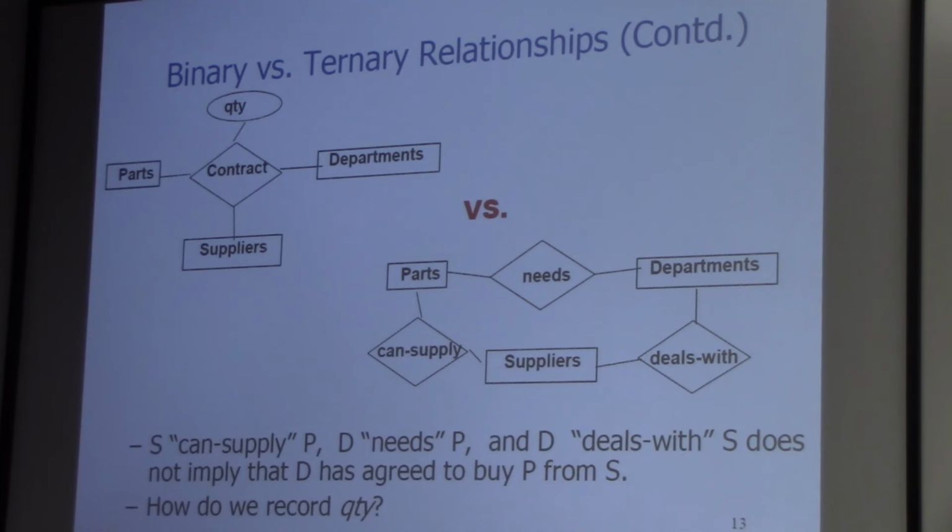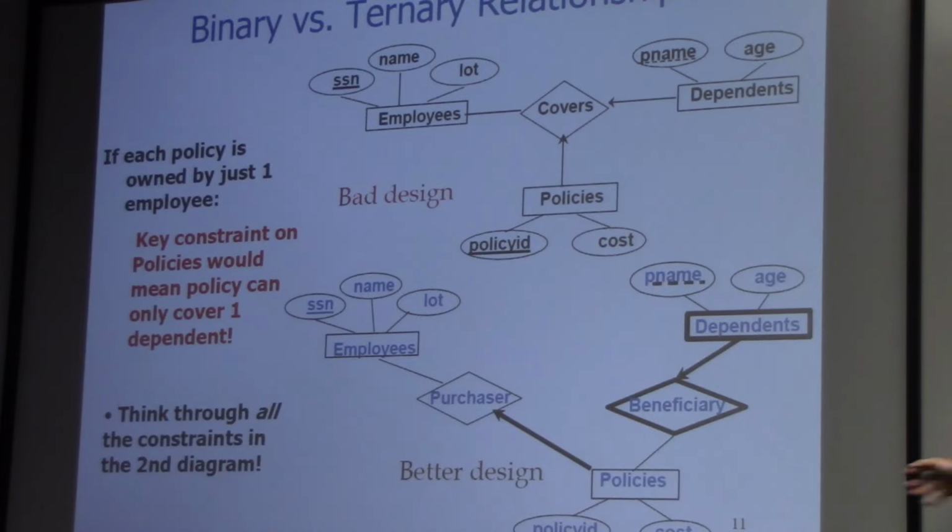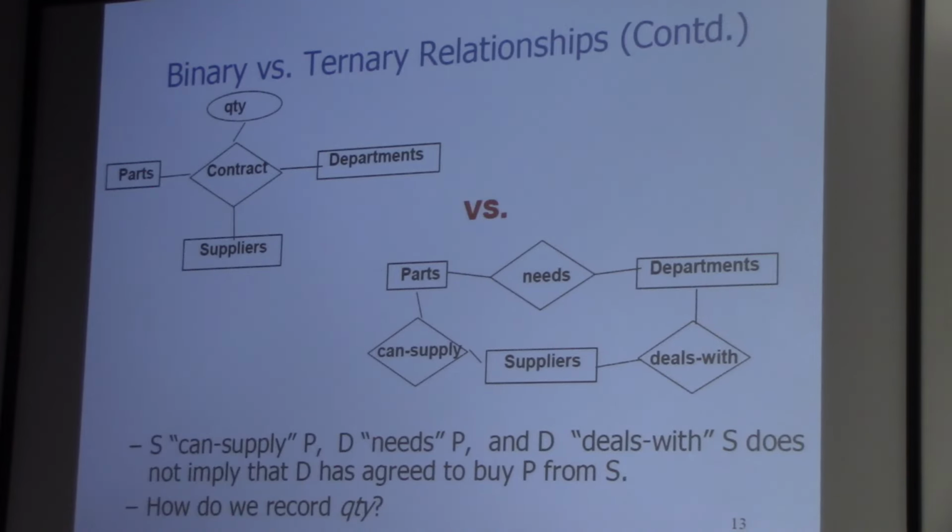In particular, we use two binary relationship sets to represent a ternary relationship set. Then let's get away with ternary relationship sets altogether. We don't use this ternary relationship concept anymore. Two binary relationship sets, right? It may be tempting to do just that.